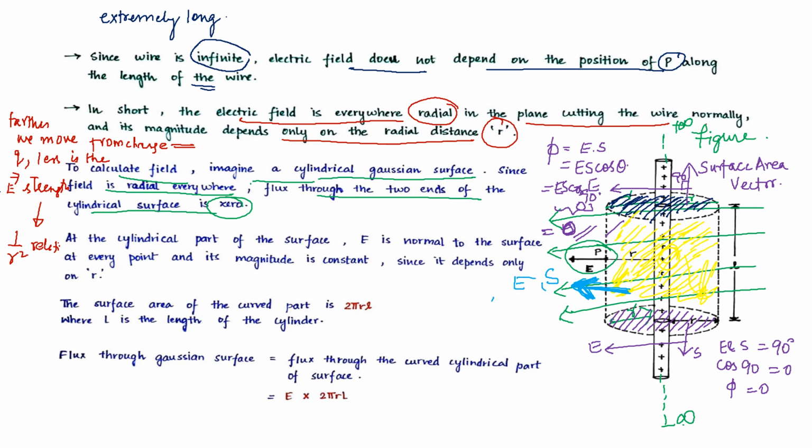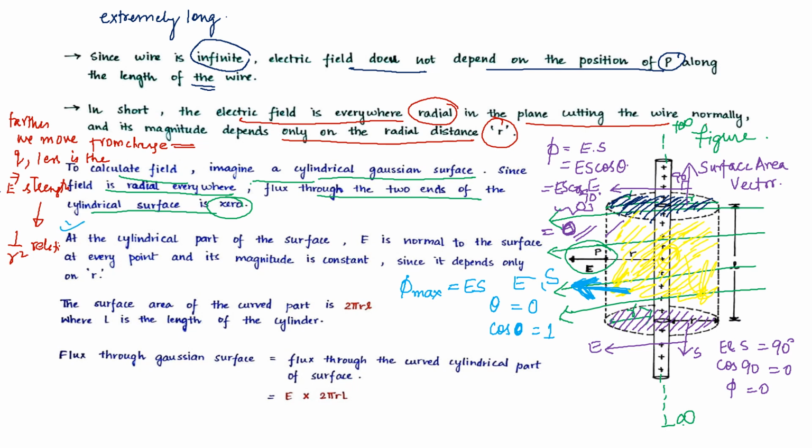What is the angle they are making? Theta equals 0. What is the value of cos theta? Cos 0 is 1, and hence maximum flux will come out from this curved surface area, that is ES. Then we will substitute the various values here to find our result.